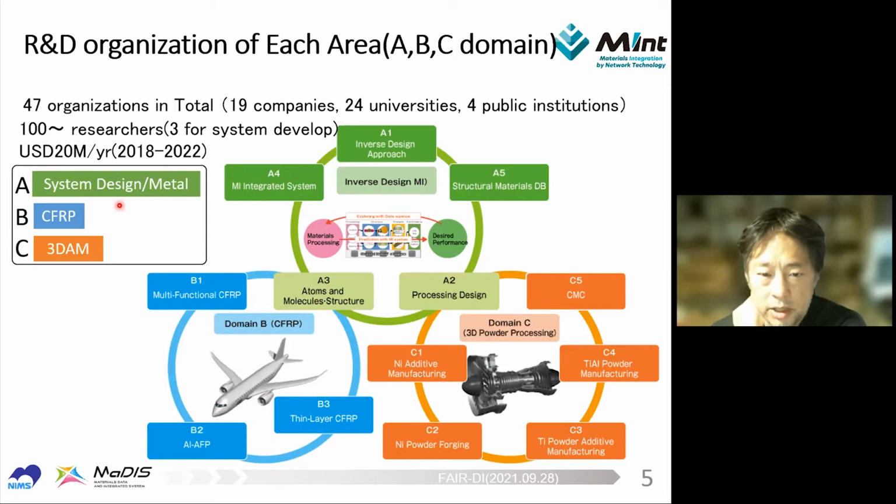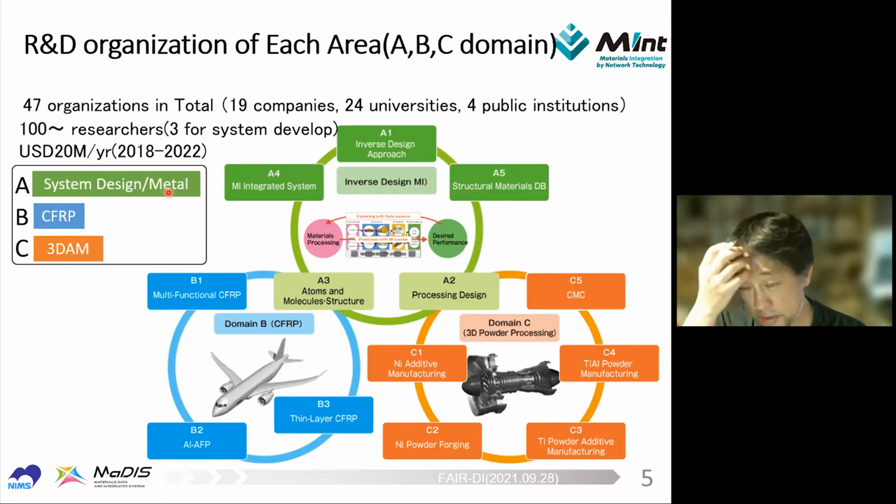We have 3 domains, A, B, and C. A is focusing on the system development and analysis for the metal problem, for example 3D additive manufacturing. So we are focusing on establishing very fundamental techniques in the A domain. B and C are focusing on FAIR-D and the 3D additive manufacturing application, respectively.